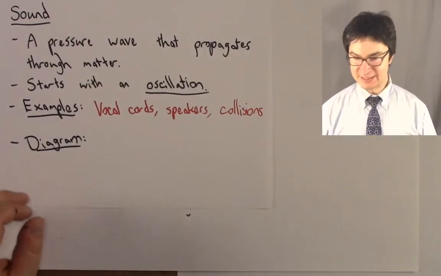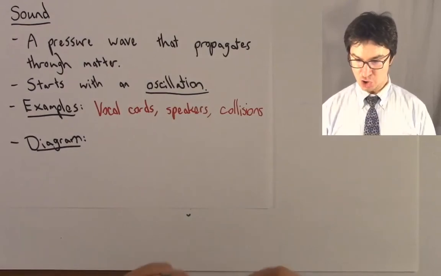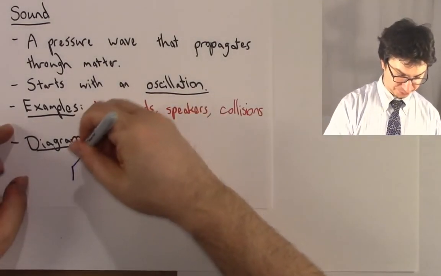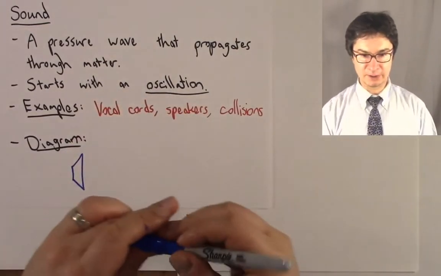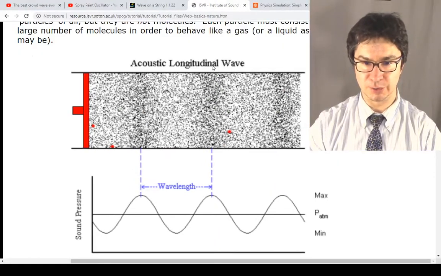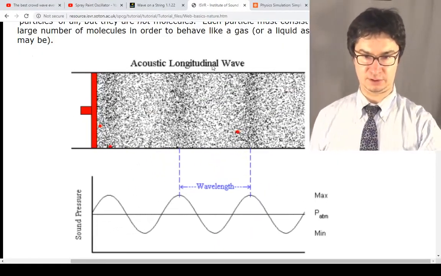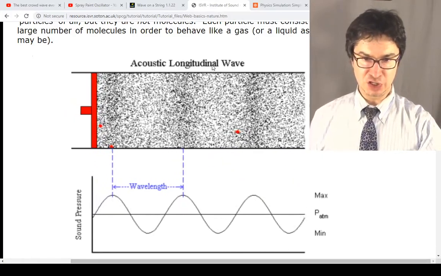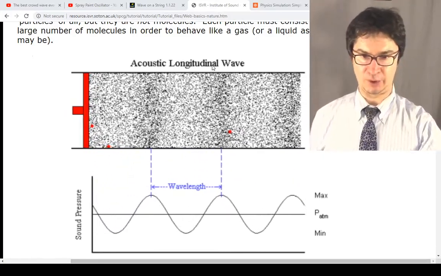So let's try to diagram this out. We're going to diagram a sound wave by starting with a speaker. And I'm going to very briefly jump back to our simulation to illustrate a sound wave like this. Okay, so everybody can see this here, right? Okay, so let's try to diagram this out the way that we see on the paper.